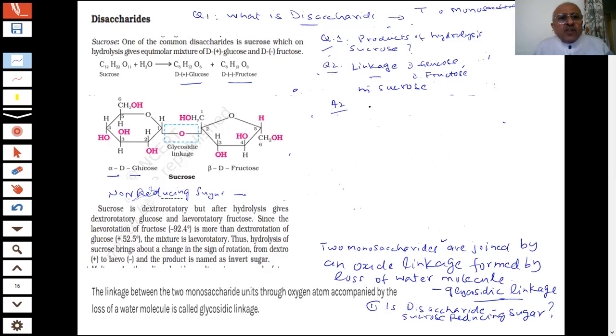The linkage is at what position? Carbon 1 of alpha-D-glucose and carbon 2 of beta-D-fructose. In the exam I will write this. Clear? Nothing more than that. You can write this in the paper. You will get 1 mark.